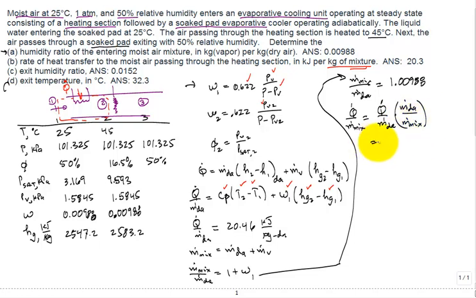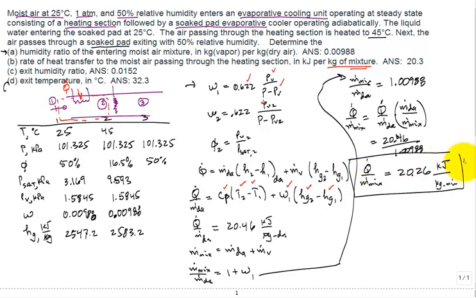So 20.46 divided by 1.00988, and finally Q dot divided by the mass flow rate of the mixture comes in at 20.26 kilojoules of energy transfer per kilogram of the mixture, and that's our answer for part B, and there you go.